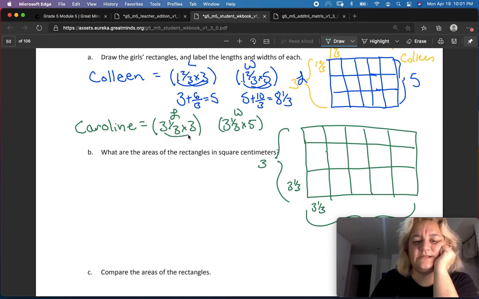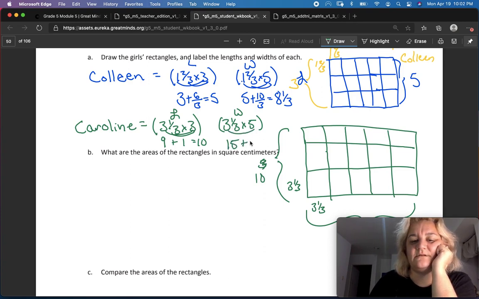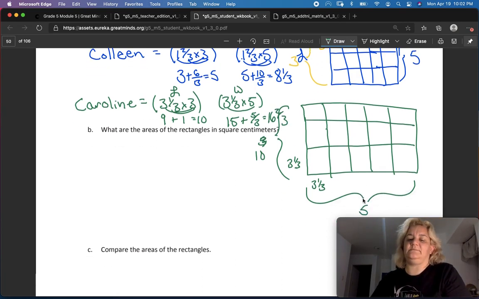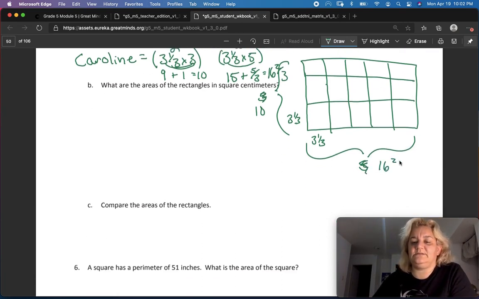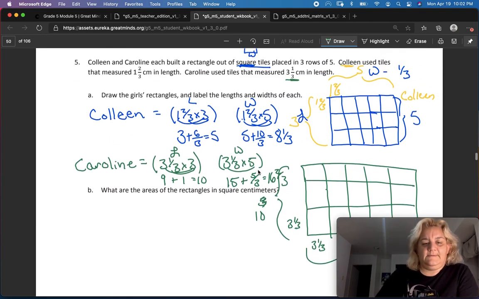Okay, so 3 times 3 is 9. And 1/3 times 3 is 1, because it's 3/3. So her length is 10. And the width would be 3 times 5 is 15. And 1/3 times 5 is 5/3, which equals 16 2/3. So this number down here would be 16 2/3. Okay. All right.